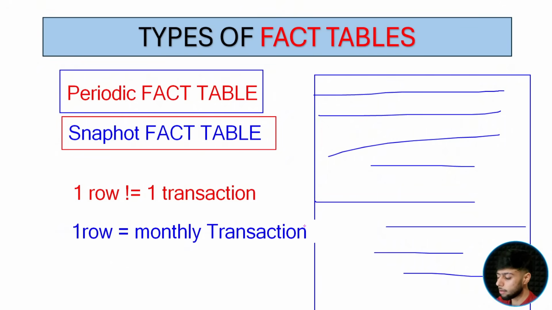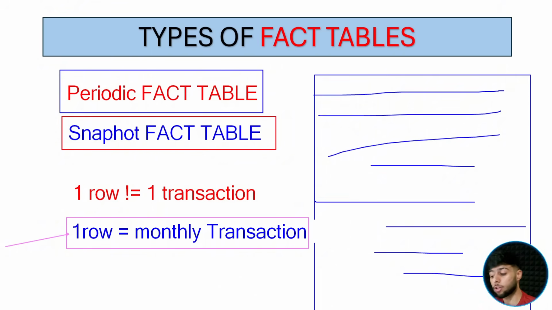Earlier it used to be a very rare scenario, but nowadays, as we know, data is growing rapidly, so one row equals monthly transactions, whatever you want to use. So these are the kind of snapshots that we create on top of our existing fact table. Make sense? Now the third one is very interesting.